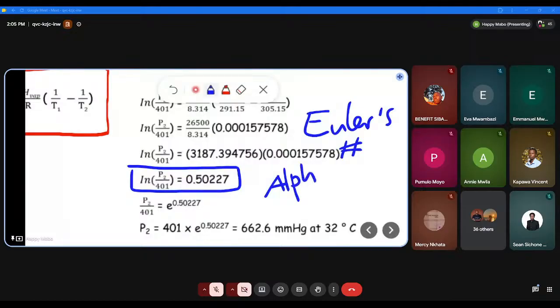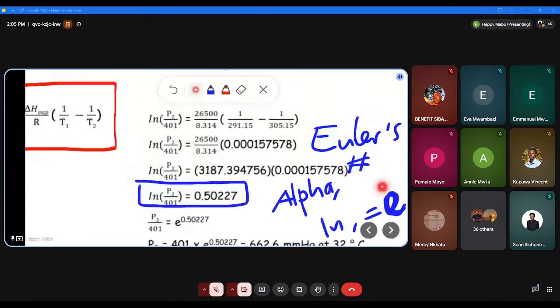So go to the alpha function on your calculator, then hit the ln key. Then the E should appear, and it should be bold, not the other type. When this pops up, it means you have gotten Euler's number.